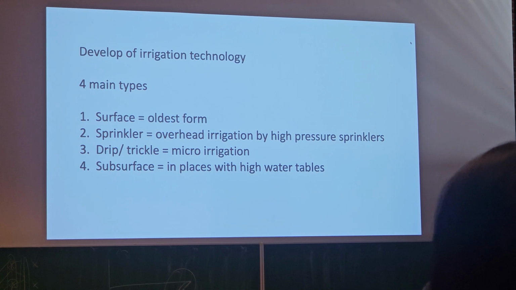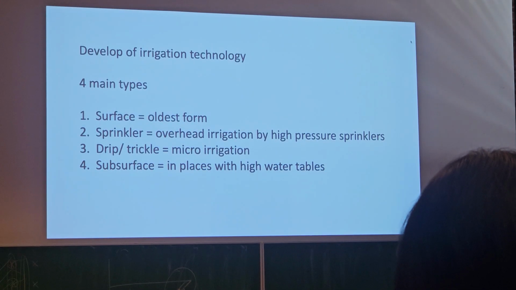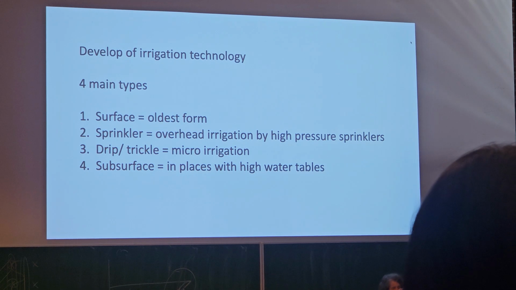And then, of course, we have subsurface irrigation, which is where we have a very high water table. A high water table means you've got the surface here, and usually your aquifer is down here. What we call a high water table is where the aquifer is closer to the surface.